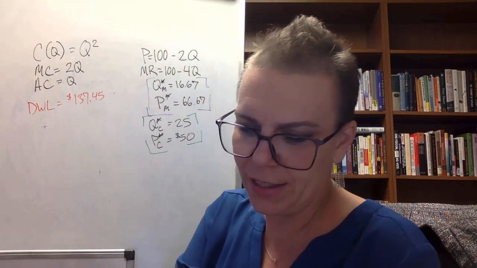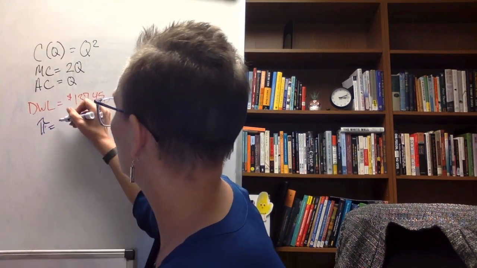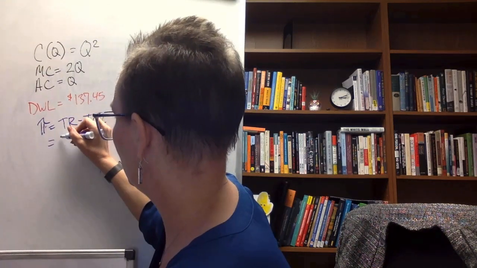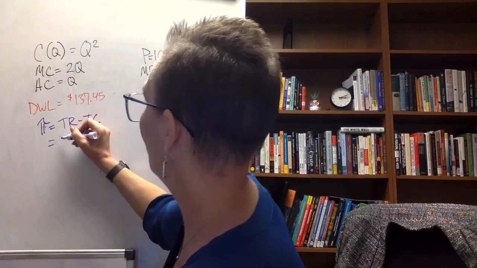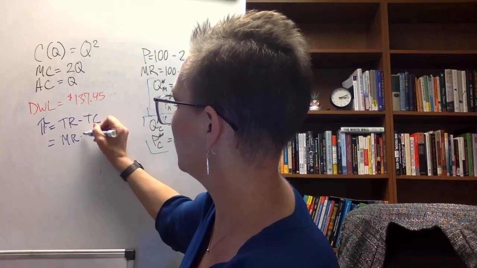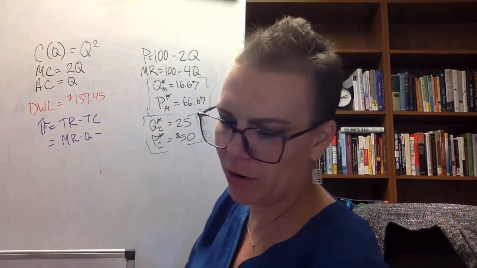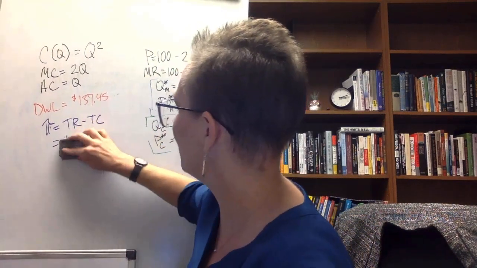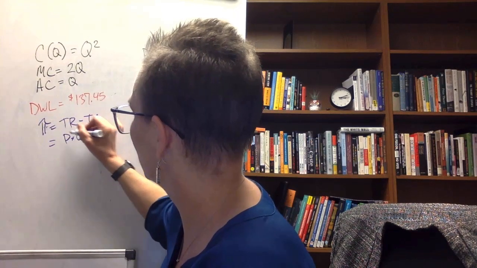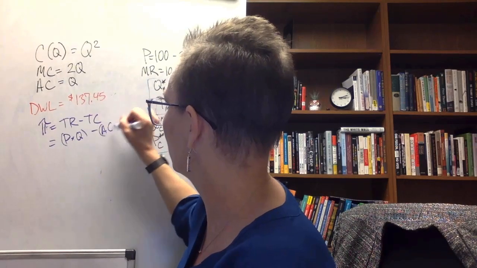The one thing you can think is that profits are going to be equal to total revenue minus total cost, which is going to be equal to price times quantity minus average cost times quantity.